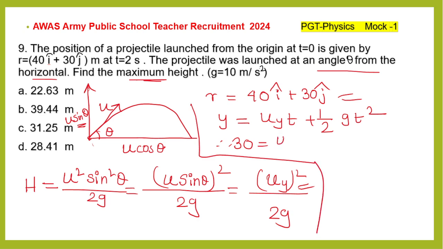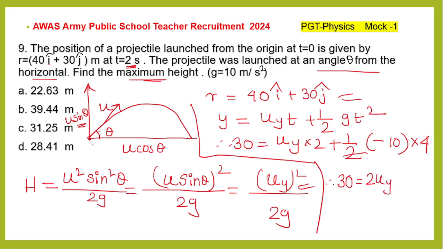We don't know the value of uy. t, that is given, after 2 seconds, plus half g, minus 10, into t square, that is 4. From this equation we get 30 is equal to 2 uy, and it gives minus 20. uy is equal to 25.